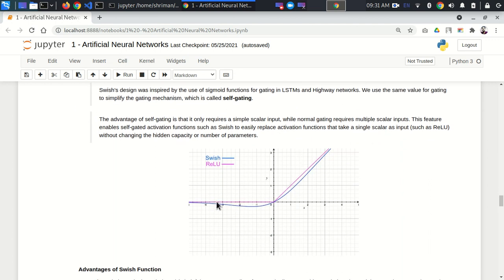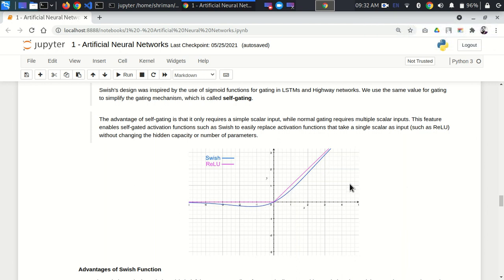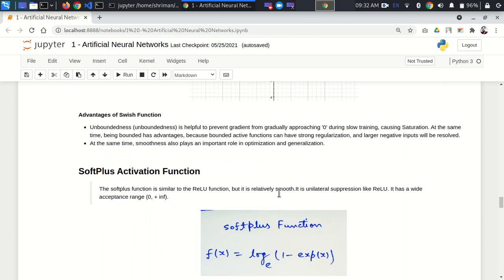So this is ReLU, the violet graph, and this blue graph is for the Swish function. Here it is going to give you an exponential curve, and here also. So it will give you some flavor of the sigmoid function, and it will be good for some different problems, different tasks. Again, for advantages, there are some pros and cons, you can go through that.